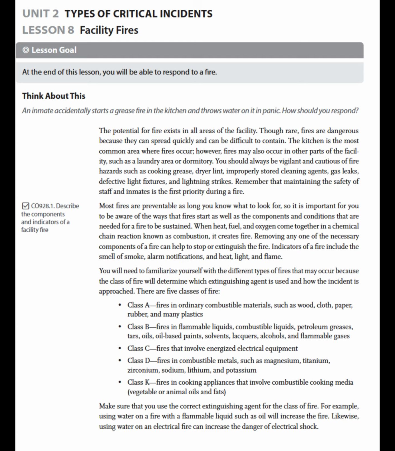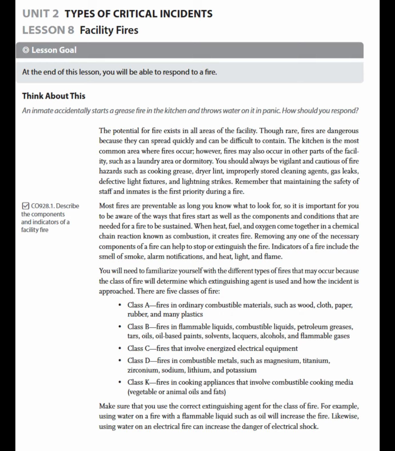Class C: fires that involve energized electrical equipment. Class D: fires in combustible metals, such as magnesium, titanium, zirconium, sodium, lithium, and potassium. Class K: fires in cooking appliances that involve combustible cooking media, vegetable or animal oils and fats.